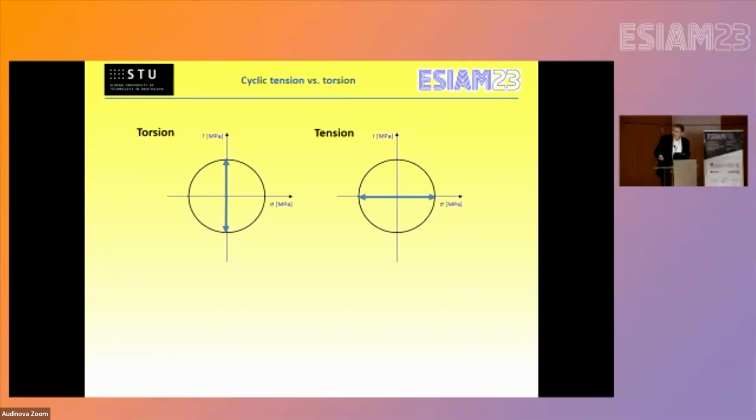So this is a different plane, in which there is maximum shear stress and maximum normal stress, and the orientation of this maximum normal or shear stress in comparison with defects. This is the reason why the lines in torsion and tension are not parallel. This is one of the reasons.